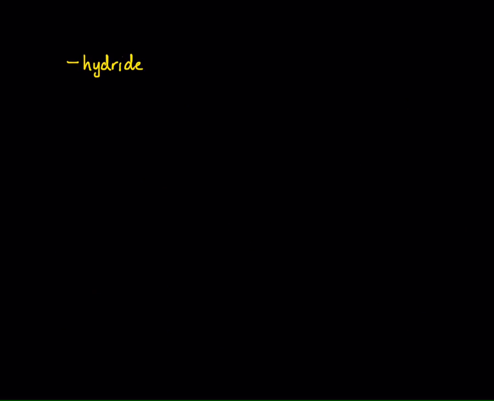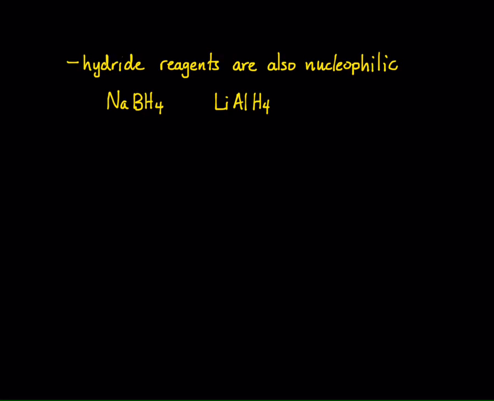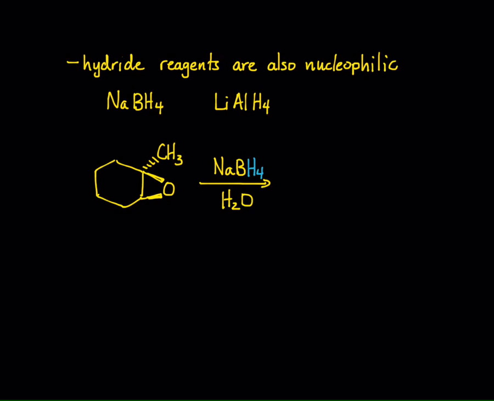And the last thing that we want to talk about in terms of ring opening reactions of epoxides is the reaction of hydride reagents. We've seen hydride reagents before. Sodium borohydride is a hydride reagent. Another hydride reagent is lithium aluminum hydride. If I take an epoxide and react it with sodium borohydride in water or methanol, the hydride transfers.